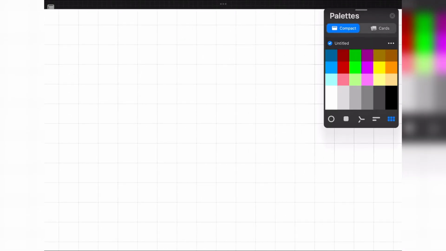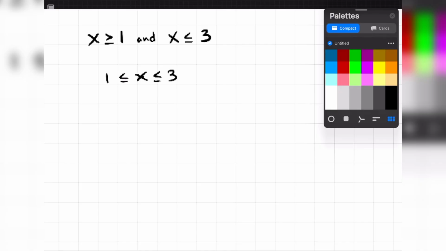Next question is going to be: we have x is greater than or equal to 1, and x less than or equal to 3. So for this one, 1 is less than or equal to x, which is less than or equal to 3. Perfect.